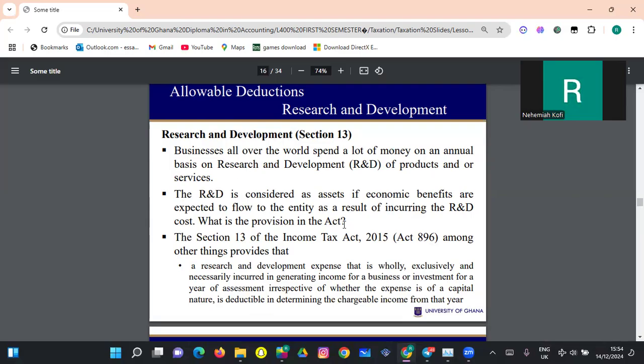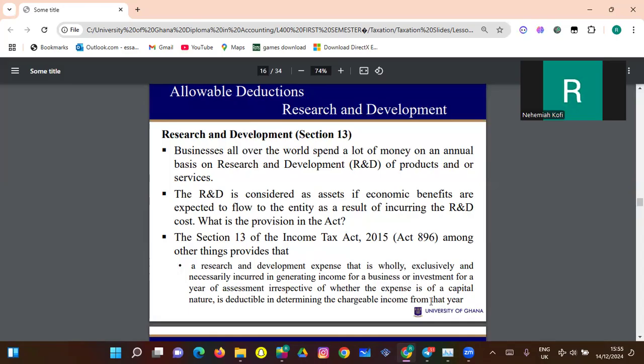What is the provision in the Act, right? So this is what our IAS standards are saying. And this is what the Tax Act is saying. So Section 13 of the Income Tax Act 2015, among other things, provides that a research and development expense that is wholly, exclusively, and necessarily incurred in generating income for a business or investment for a year of assessment, irrespective of whether the expense is of a capital nature, is deductible in determining the chargeable income for the year.